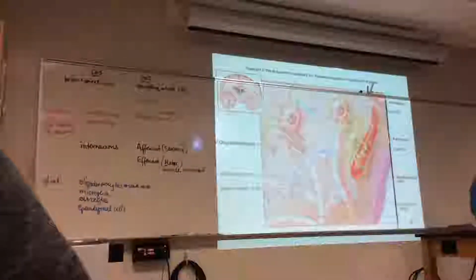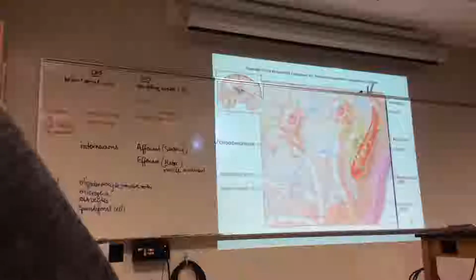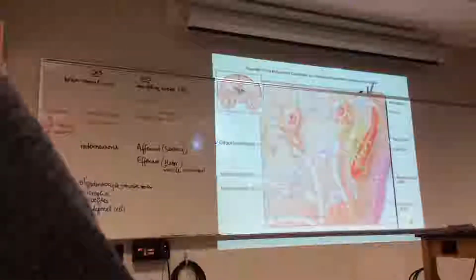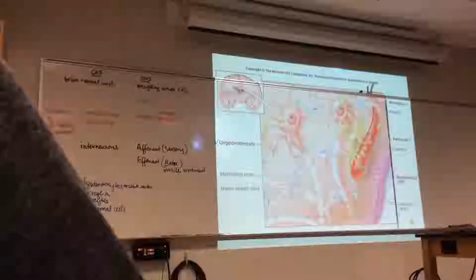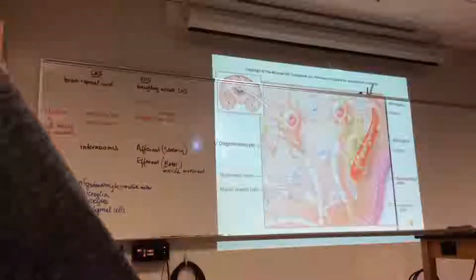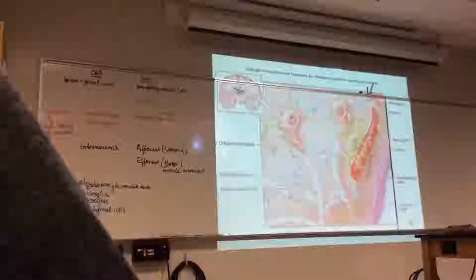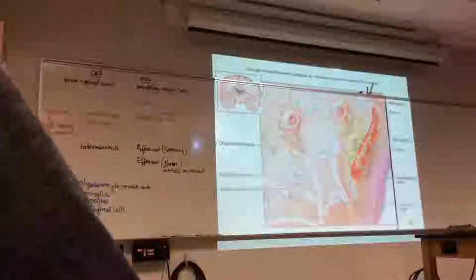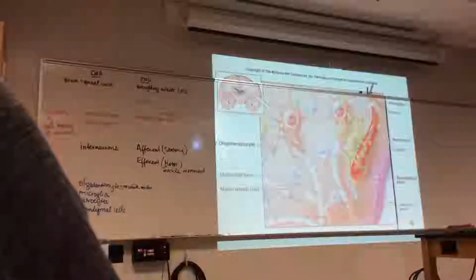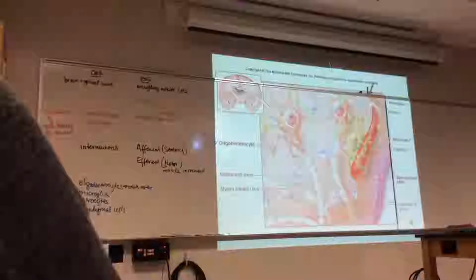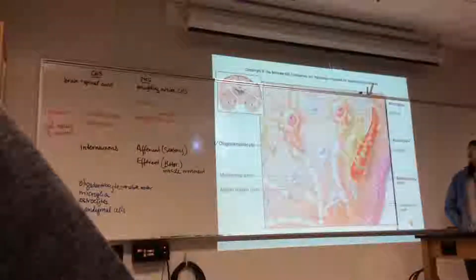Answer is true. Gray matter should only be what? Fill in the blank. Dendrites and cell bodies. Okay, so now you understand when I say white matter or gray matter, or when you read white matter or gray matter, that's what we mean. Alright. Let's move on.